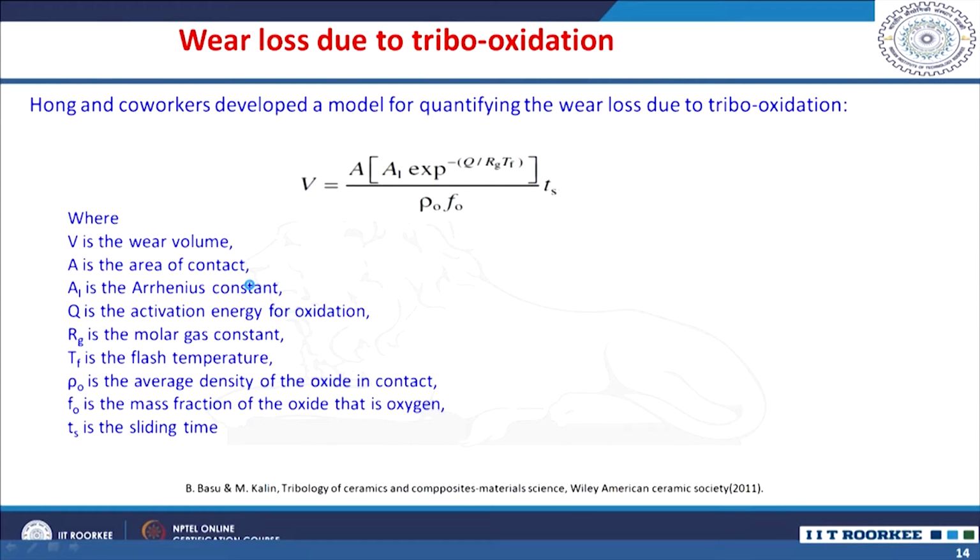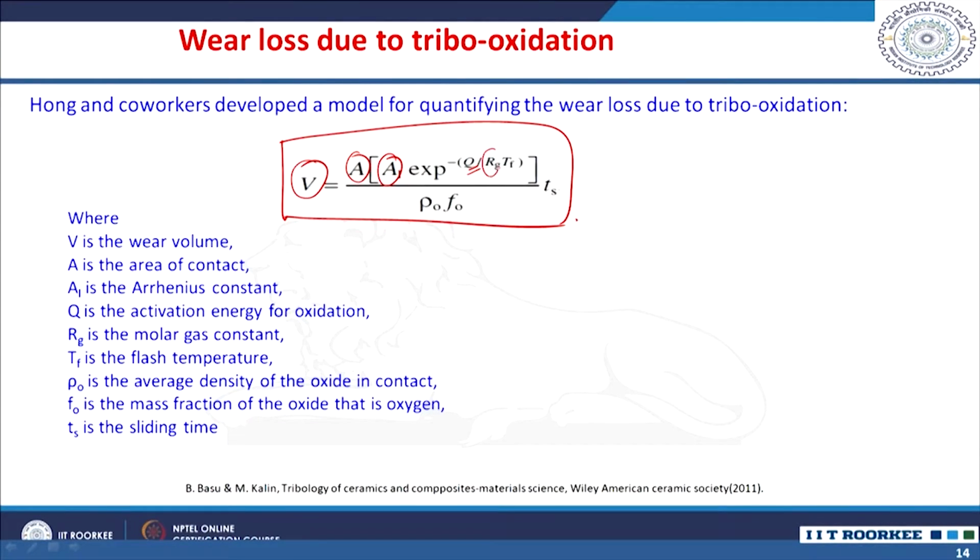Finally, you can actually quantify the wear of the material due to tribooxidation by this formula, right. So, the wear loss due to tribooxidation: V is the wear volume, A is the area of contact, A1 is generally the Arrhenius constant, and the activation energy required for the oxidation is Q, right.